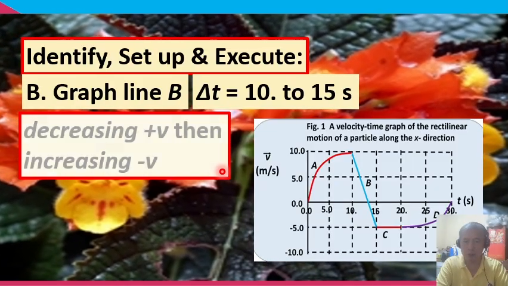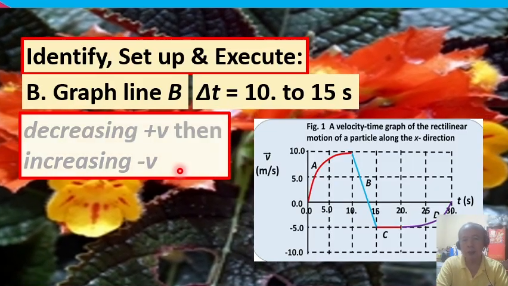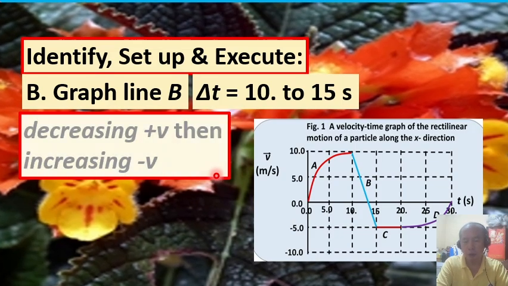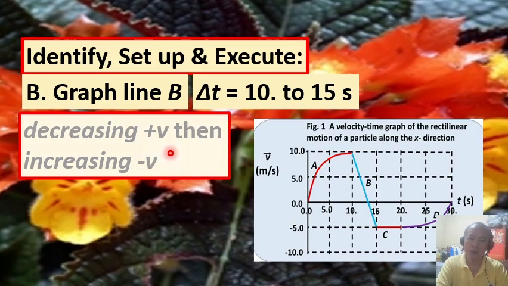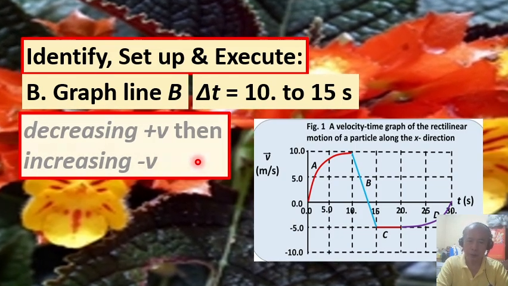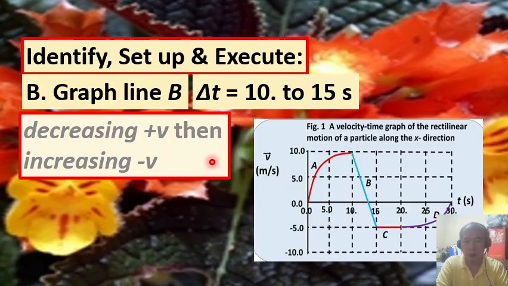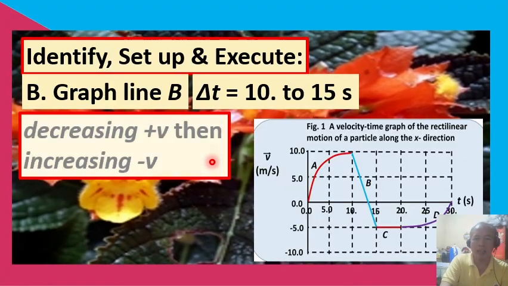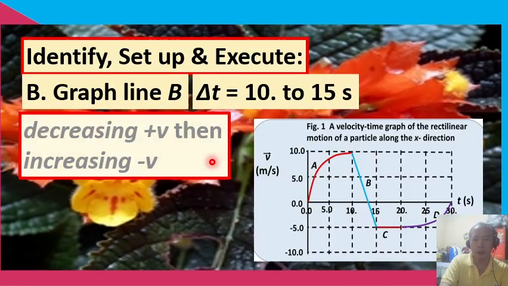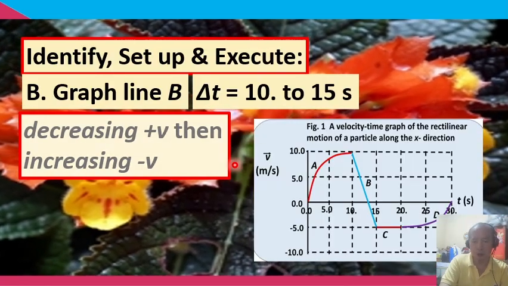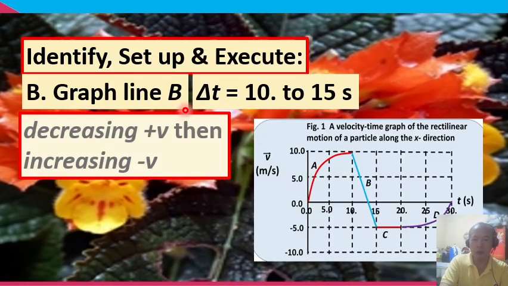So this description agrees or jives with what is mentioned in option B. That's why option B is not a choice for our answer, because we're looking for the false description, which is option A.